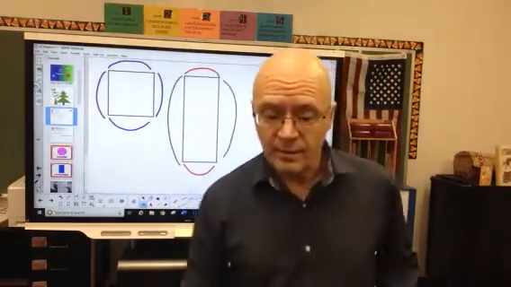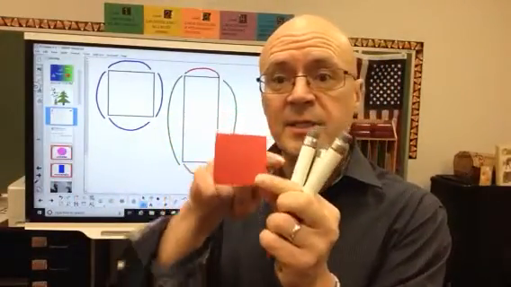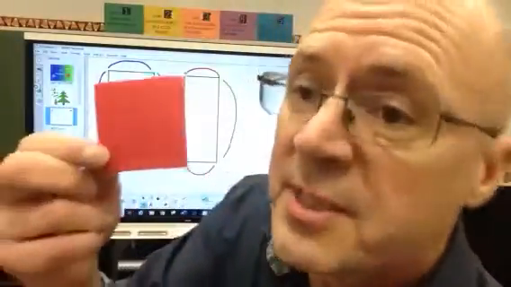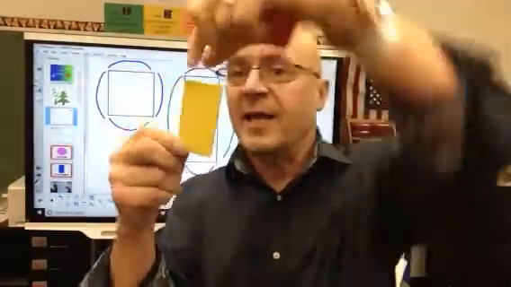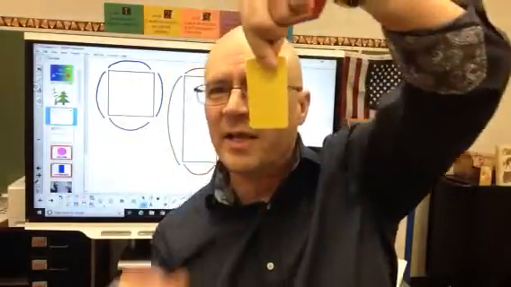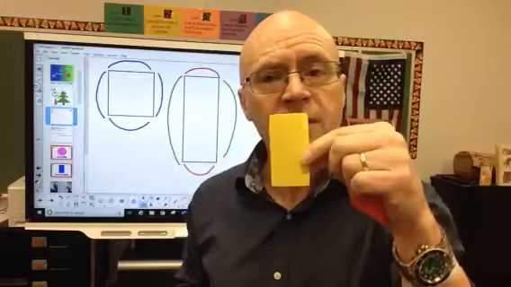The square, this side is as long as this side, and that's as long as this side and this side. All the sides are the same length. But on a rectangle, it's like a stretched out square, isn't it? It's got two long sides and two short sides.